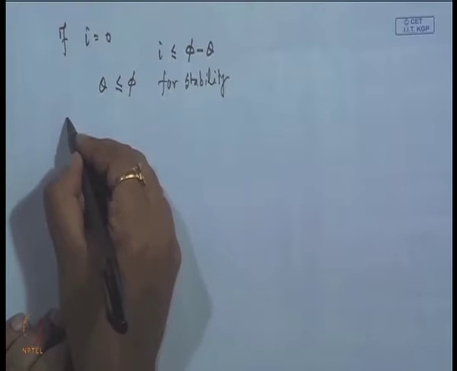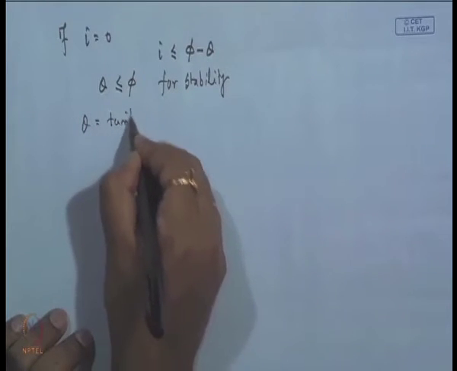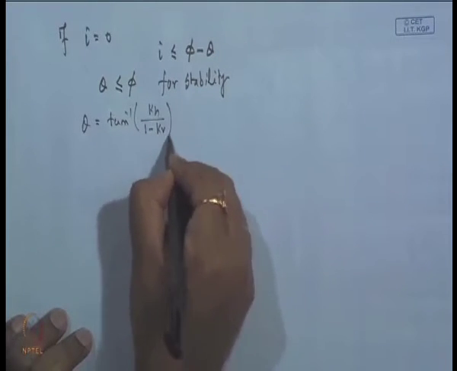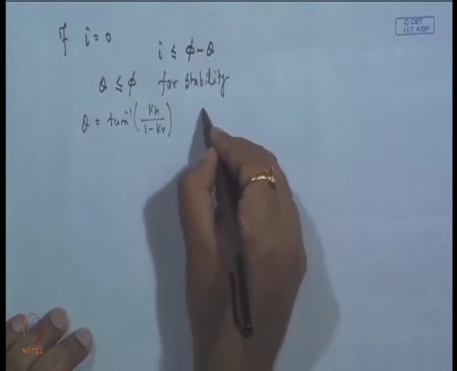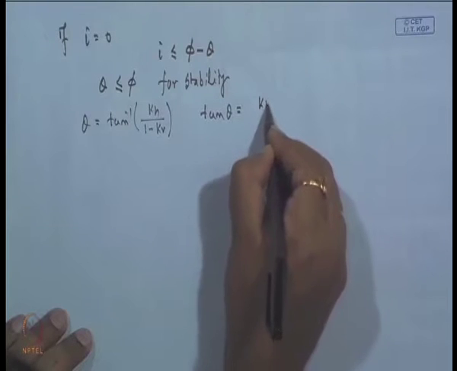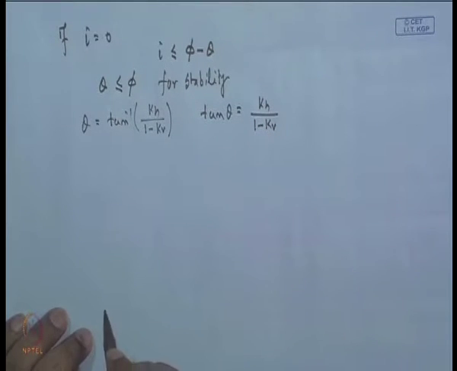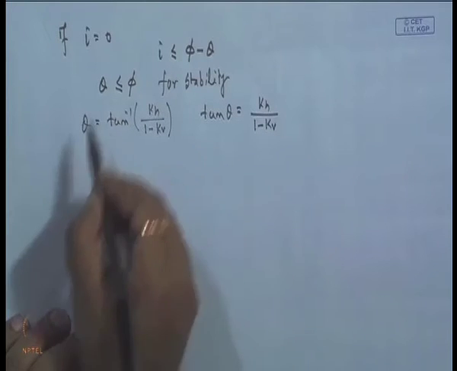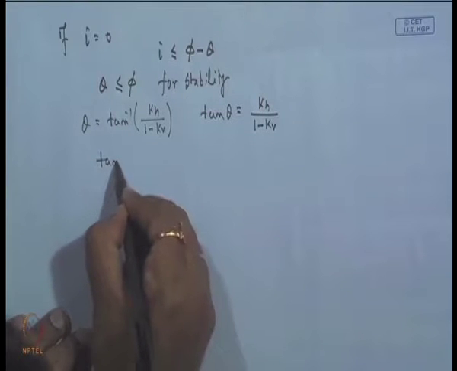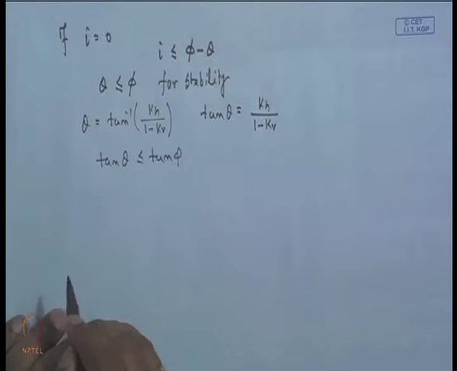Now, we know that theta is equal to tan inverse of kh over 1 minus kv. So, we can write that tan theta is equal to kh over 1 minus kv. If we put this value, then tan theta is less than or equal to tan phi.